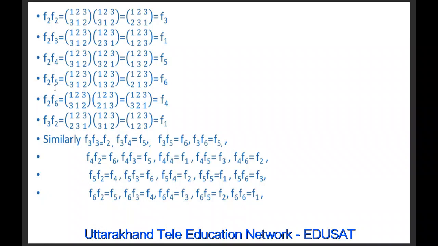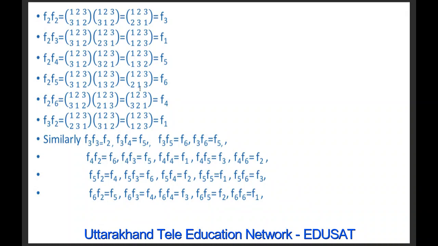Now F2 F5. In F2, the elements in the first row are 1 2 3, and in the second row 3 1 2. In F5, the elements in the first row are 1 2 3, and in the second row 1 3 2. So first we see the image of 1 under F2 is 3 and the image of 3 under F5 is 2. So I have written 1 under 2. The image of 2 is 1 under F2 and the image of 1 is 1 under F5.